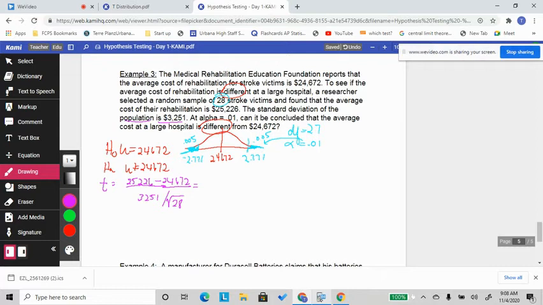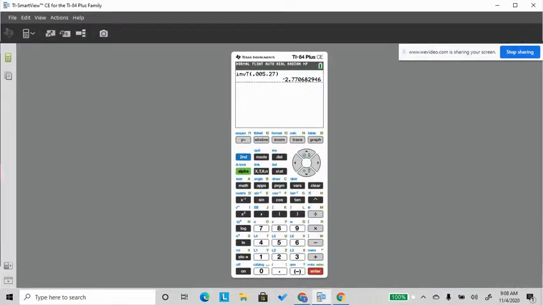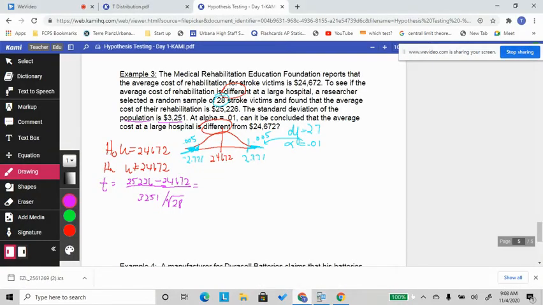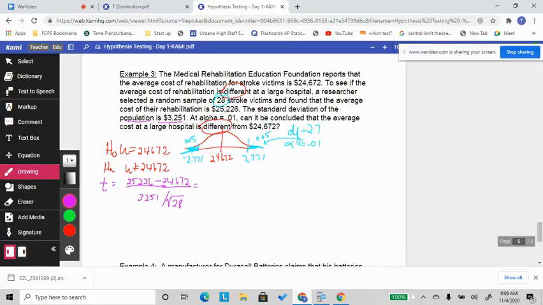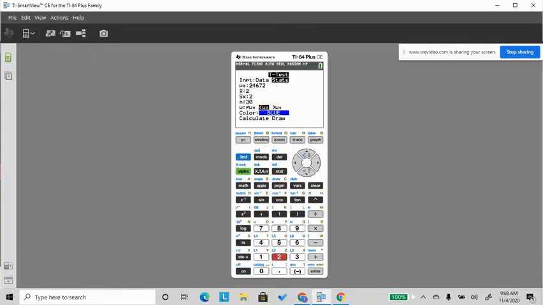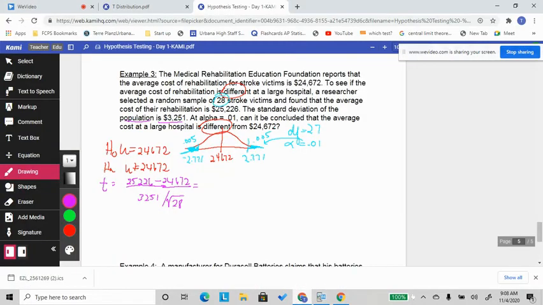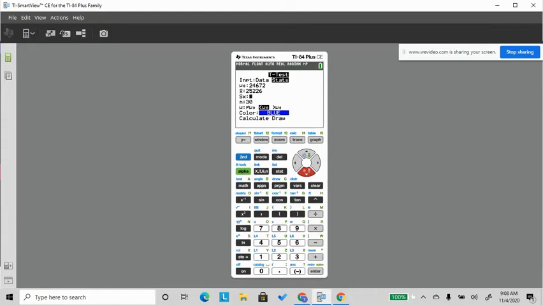Okay, now we go back to the calculator, and we put in stat, test, t-test. 24,672, the sample mean was 25,226, and the standard deviation 3,251.